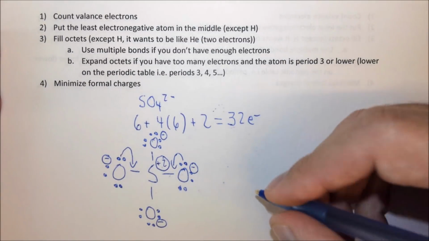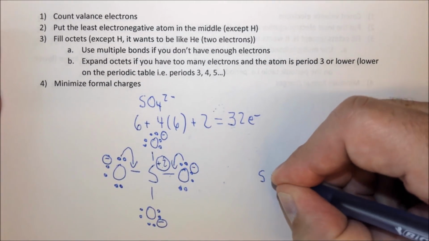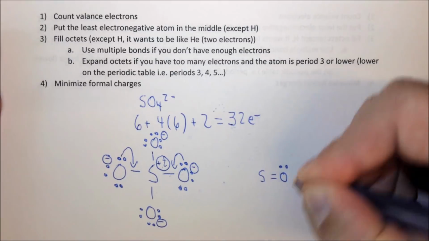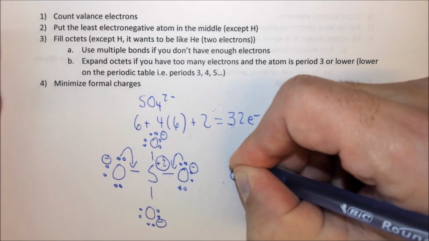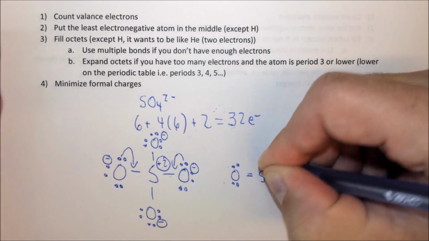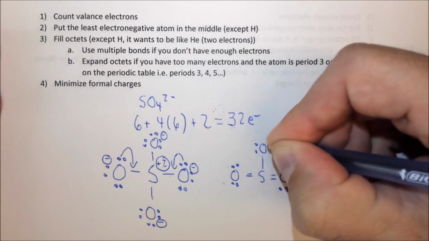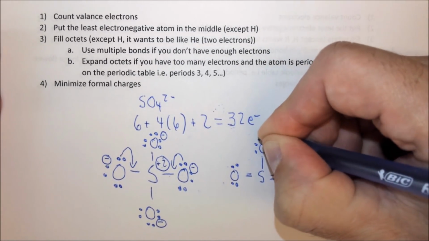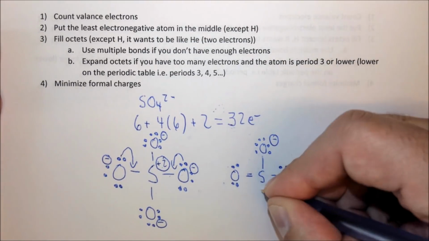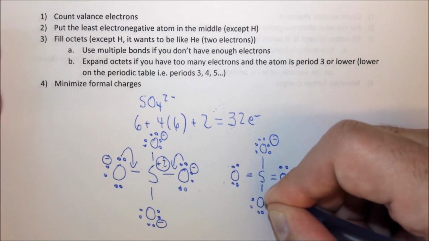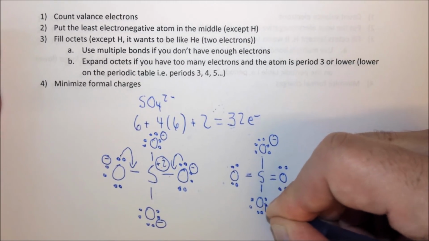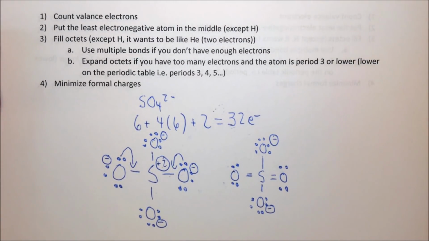And when we do that, what we get is sulfur double bonded to an oxygen, like this, double bonded to an oxygen, like this, and a single bond to O. This one's still minus because we didn't change it, and this one's still minus because we didn't change it.